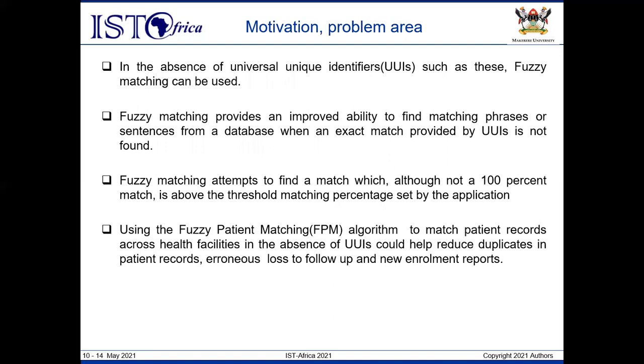Using a fuzzy patient matching algorithm to match patient records across different health facilities in the absence of universally unique identifiers could help reduce duplicates in patient records. It could reduce erroneous loss to follow-up and new enrollment.